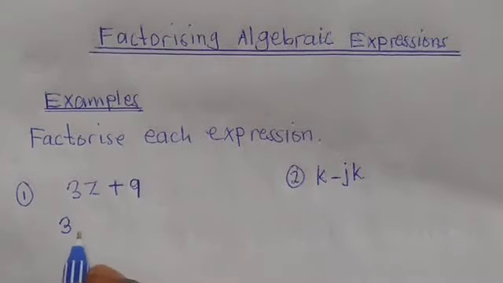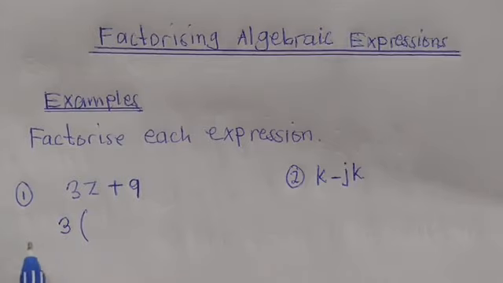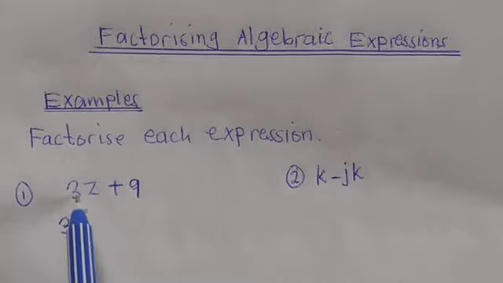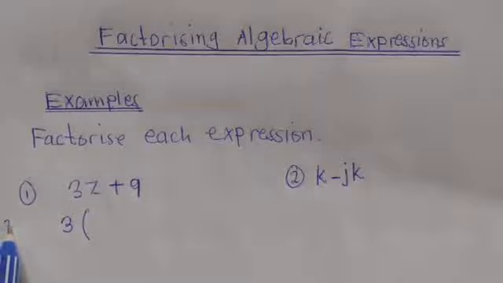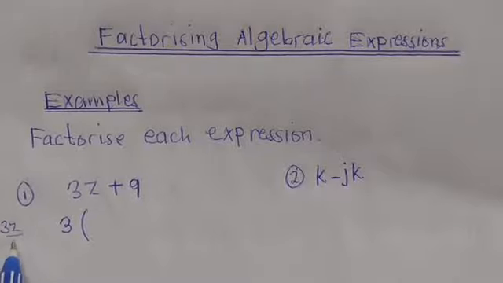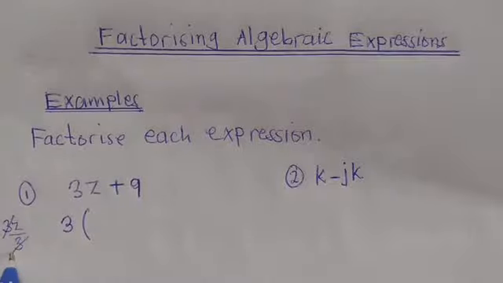The moment you do this, you write open bracket, then you start dividing. So you get this 3z, then you divide with the number that you have factored out. So this will be 3z divided by 3. So this 3 and this 3 you cancel, you remain with a z.